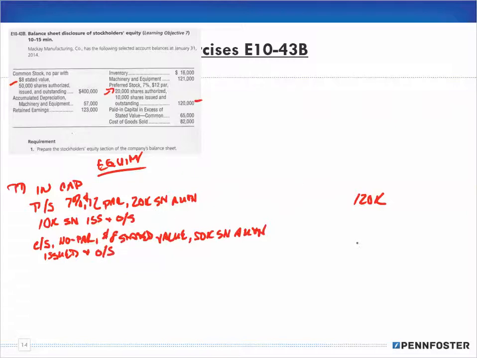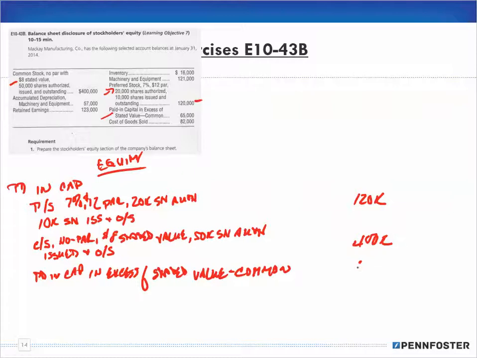And the total value of that is 400,000. And then I have to think about paid in capital. So I have only one account, which is called paid in capital in excess of stated value, which is for the common stock, and that amount is 65,000.